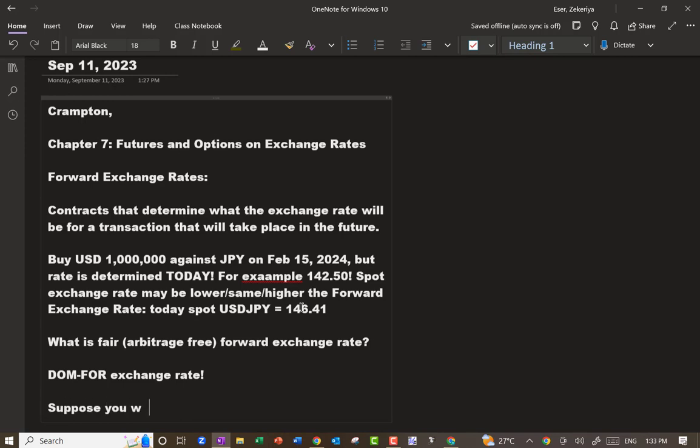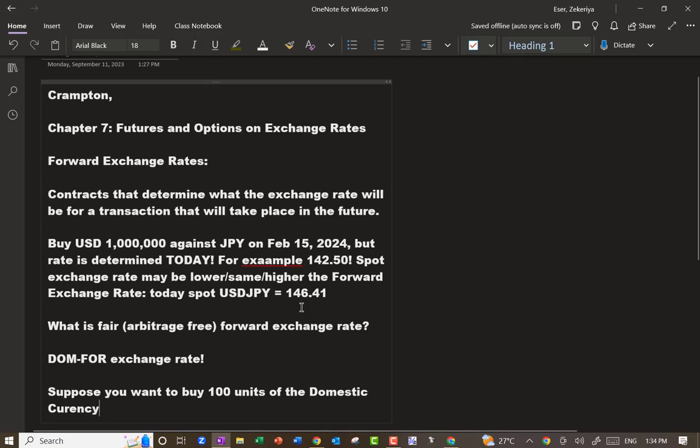Suppose you want to buy, let's call it, 100 units of the domestic currency on some future date.